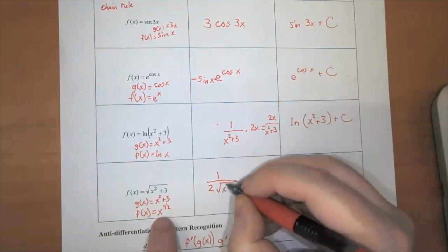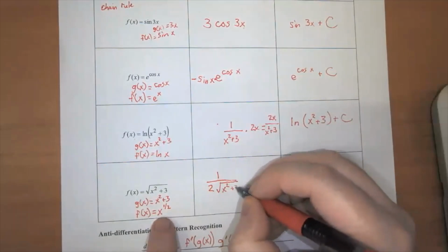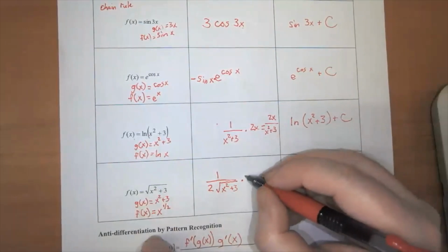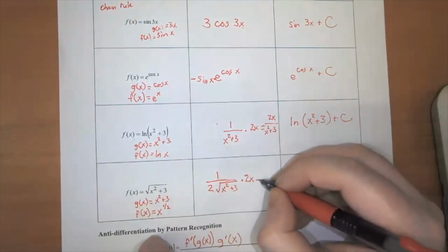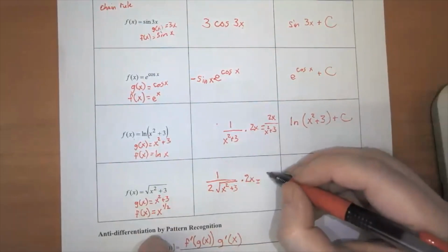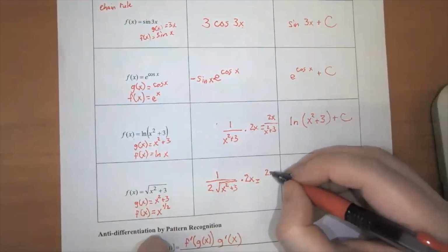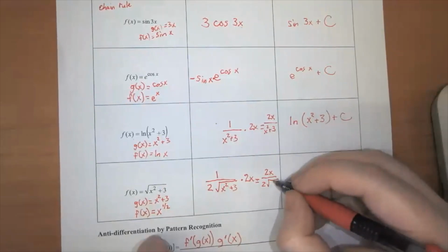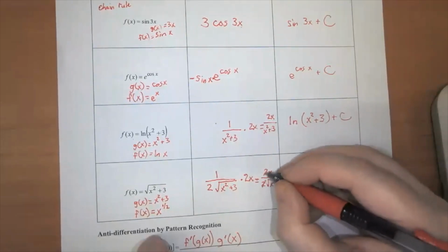And again, I'm going to say x squared plus 3, and then we multiply that by the derivative of x squared plus 3, which is again 2x. So that's equal to 2x over 2 times the square root of x squared plus 3. And we'd probably cancel out these 2s.